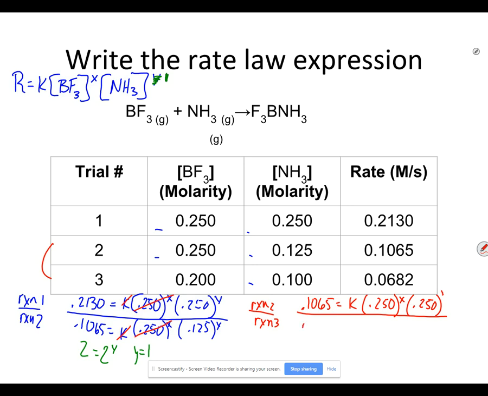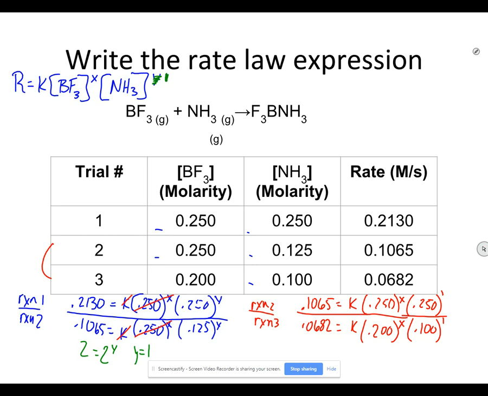So reaction 3 is 0.0682 equals K, and this is 0.250. Oops, no, it's not. In reaction 3, that is 0.200 to the X times 0.1 to the first power.